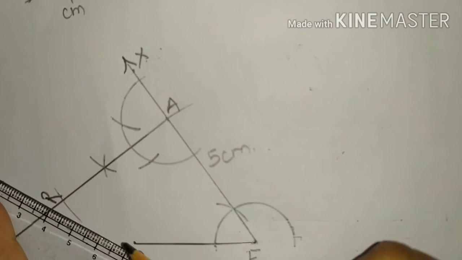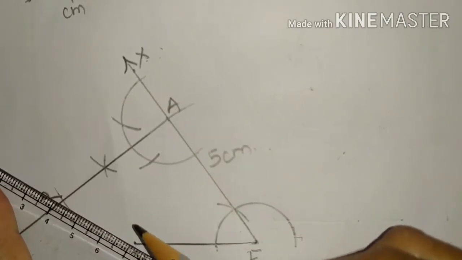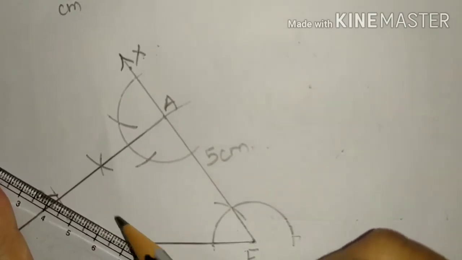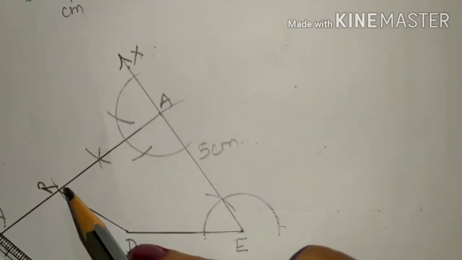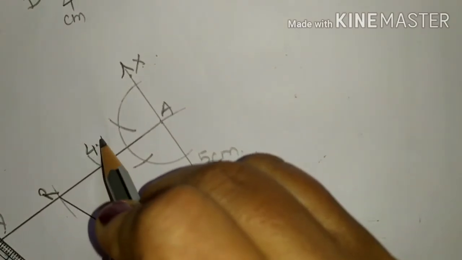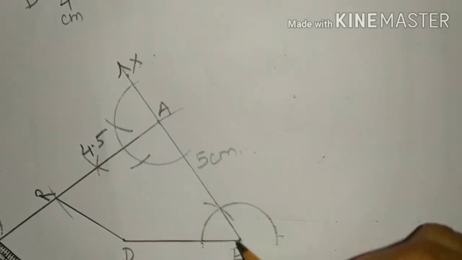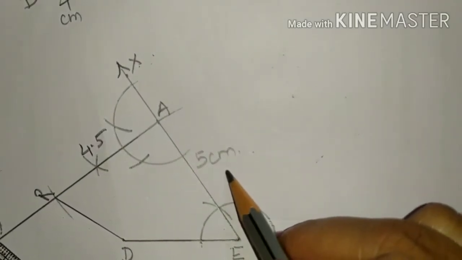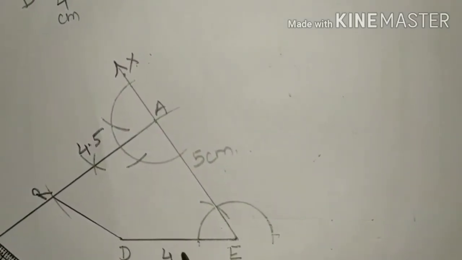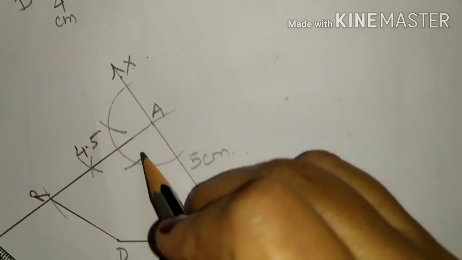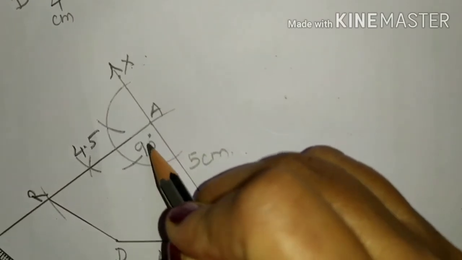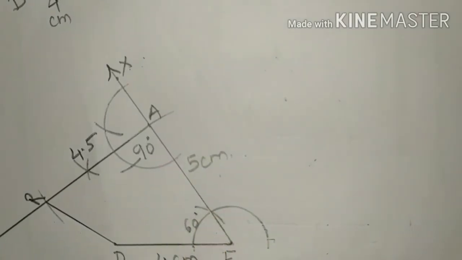Now join this point D and R. So our quadrilateral DEAR is ready. This is 4.5 centimeter, RA, EA is 5 centimeter, DE is 4 centimeter. This is 60 degree angle. This is 90 degree angle. So our quadrilateral DEAR is ready.